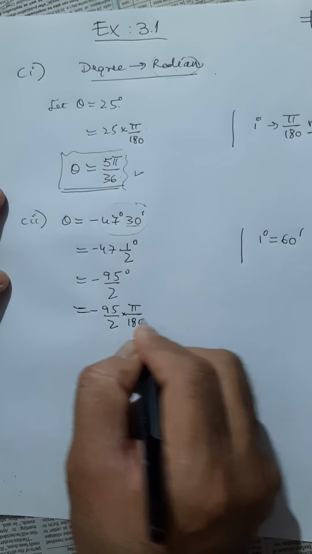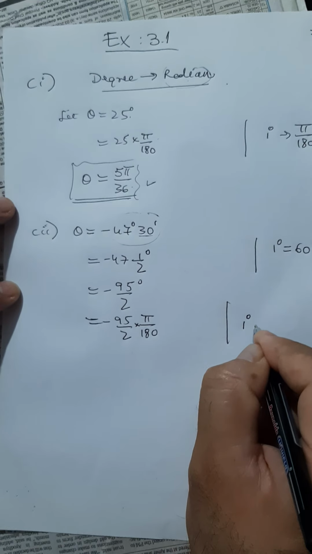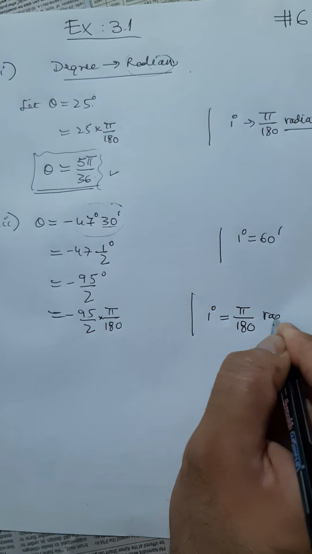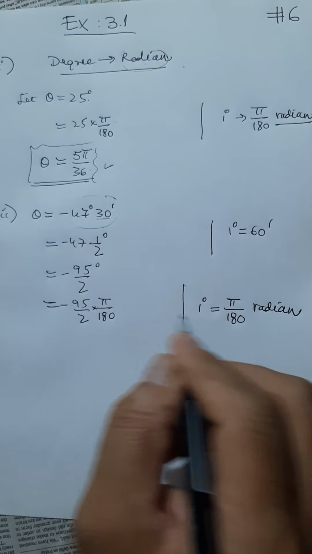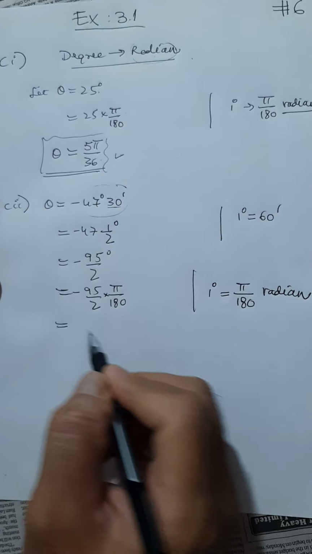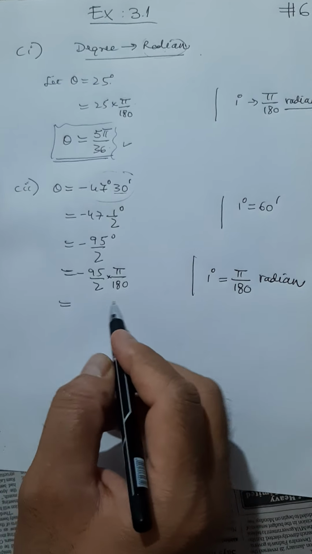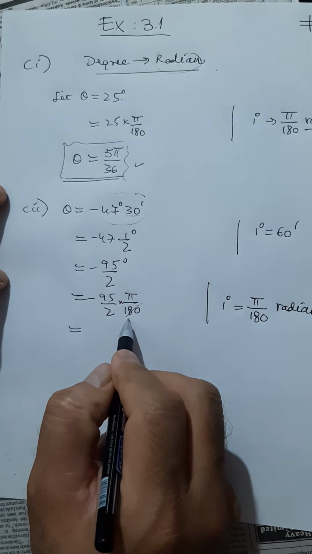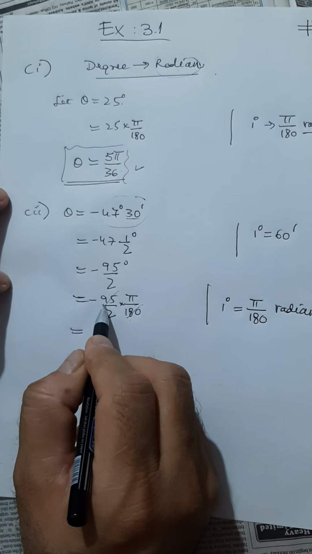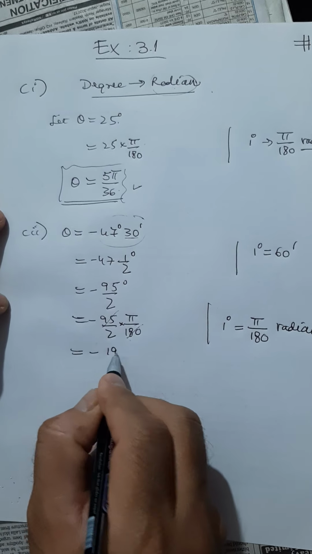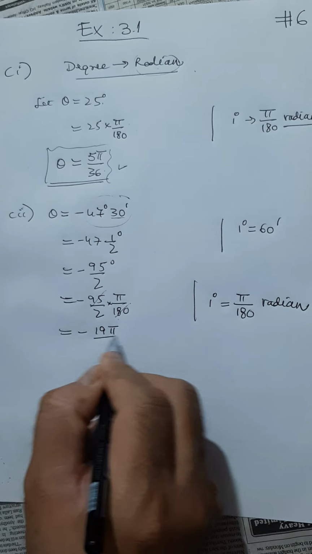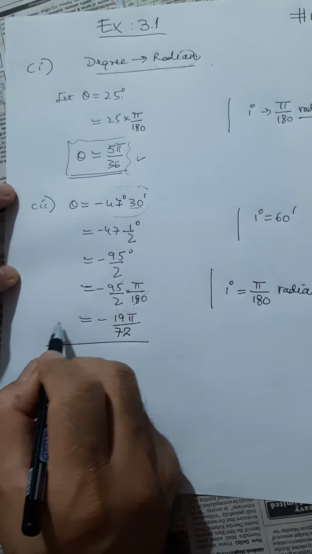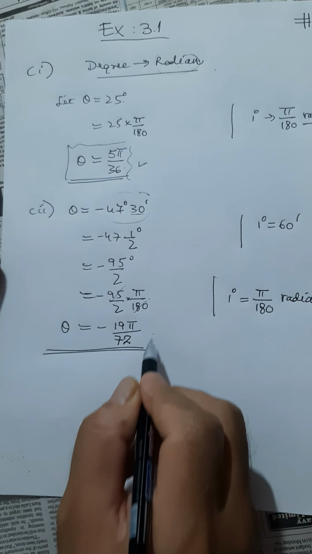Again, 1 degree equals pi by 180 radian, so I've used this. Now if you simplify, here 36 fives are, and here 19 fives are. So 19 pi by 36 into 2, so 72. This is the measure of the angle in terms of radian.